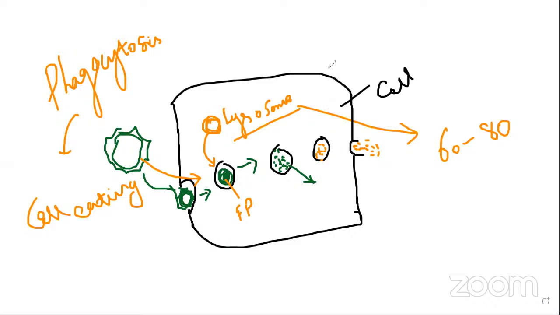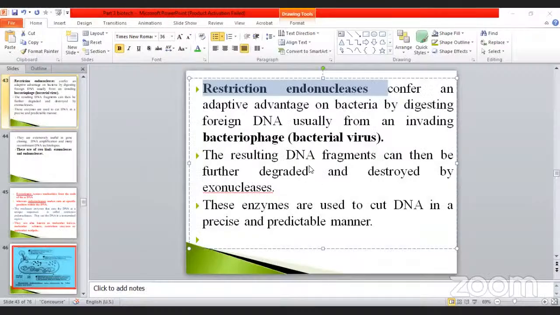So that's all about the phagocytosis process. Now, the restriction enzymes confer an adaptive advantage on the bacteria by digestion of foreign DNA, usually from an invading bacteriophage. The resulting DNA fragments can then be further degraded and destroyed by the exonucleases.